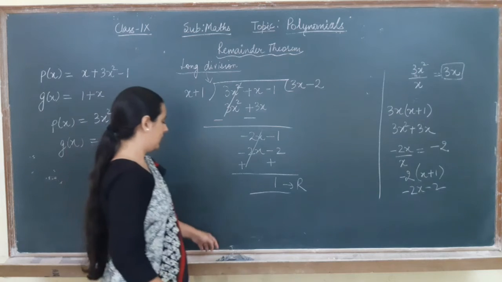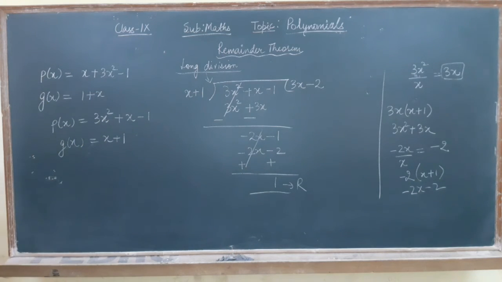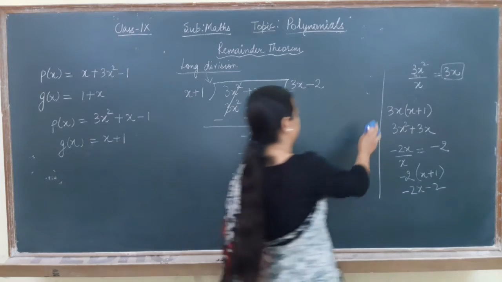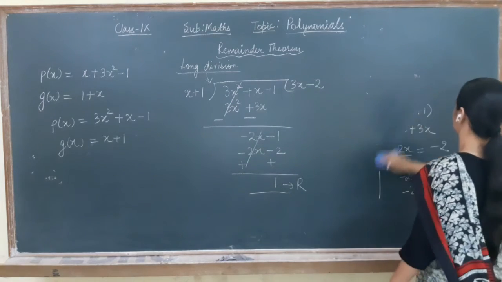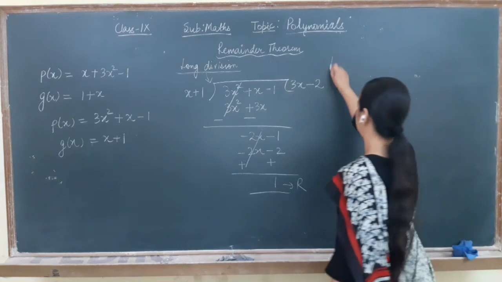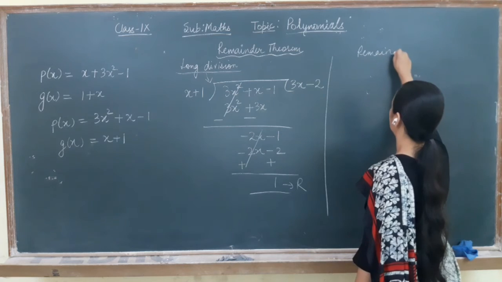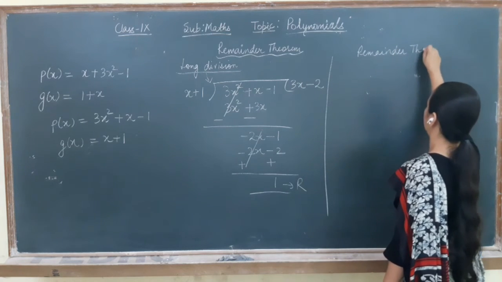Fine. If I want to find out the remainder of the same question using remainder theorem, what is the method I am going to discuss? If using the remainder theorem, how can we find out the remainder?